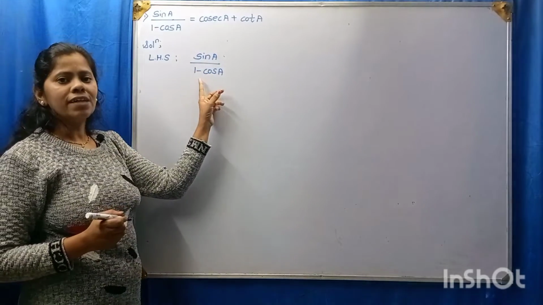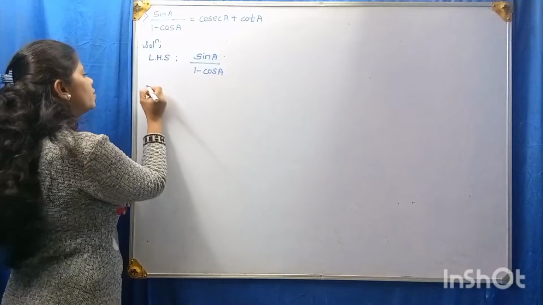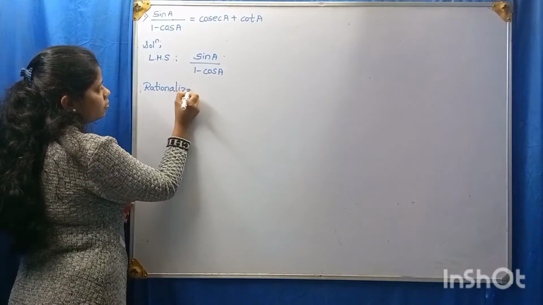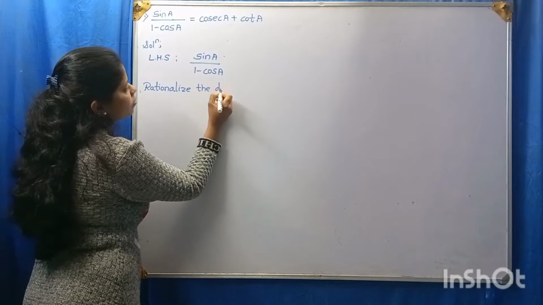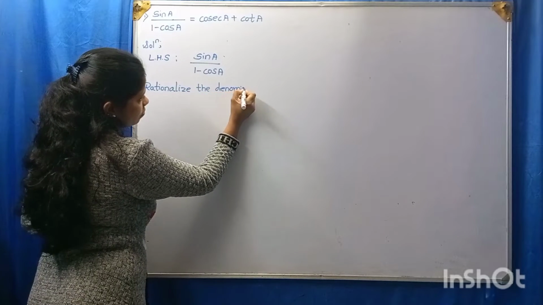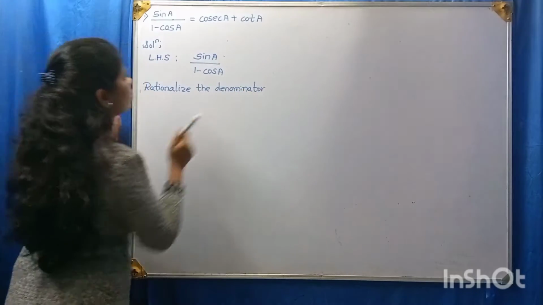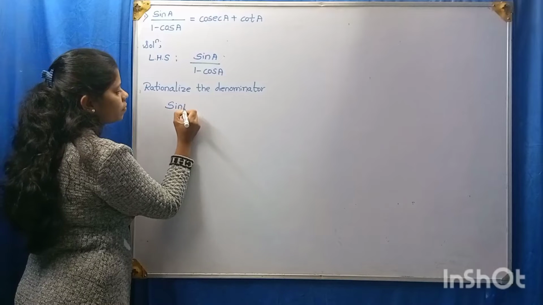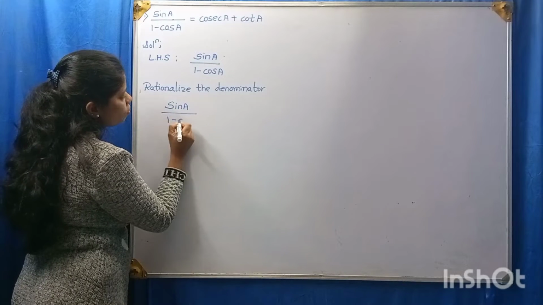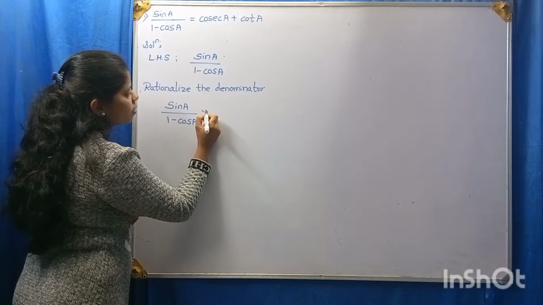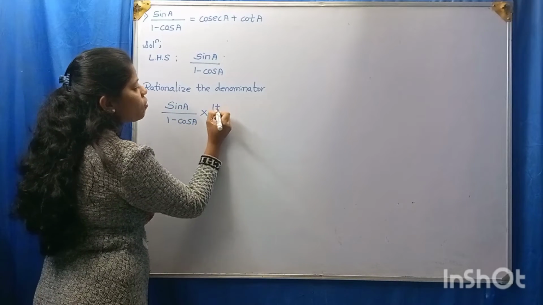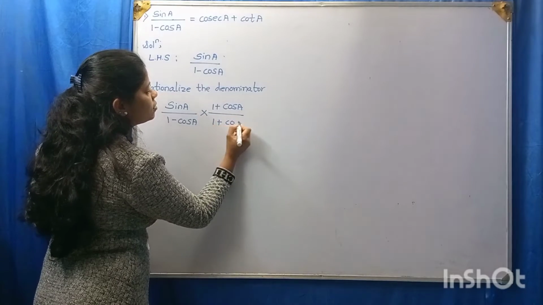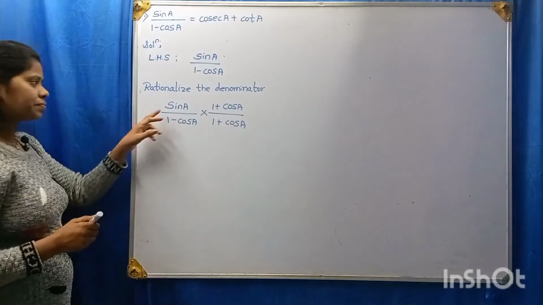Now let's rationalize the denominator. Therefore, what will it become? Sin A divided by 1 minus cos A, into 1 plus cos A divided by 1 plus cos A. Okay?